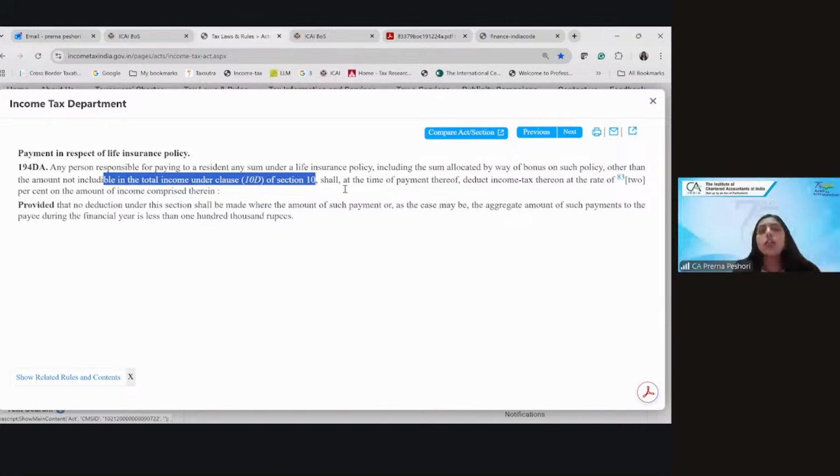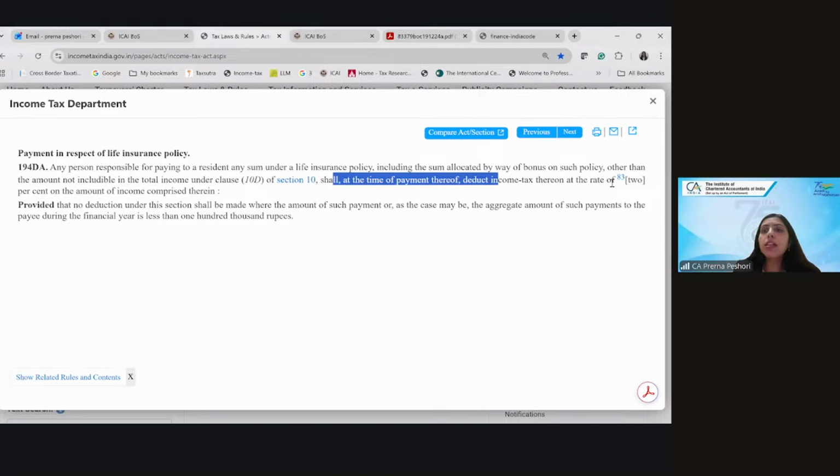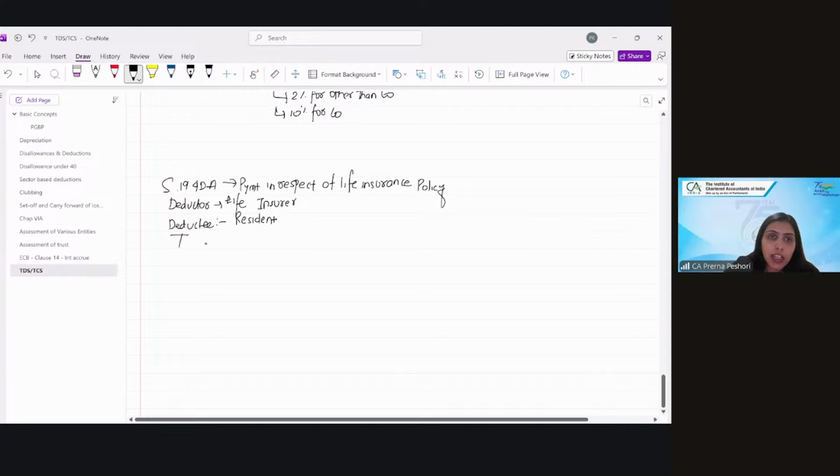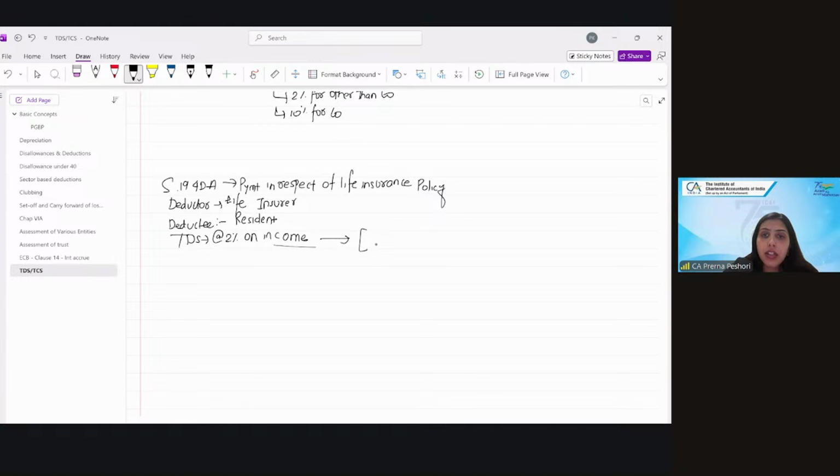Clear? So at the time of payment of the sum, deduct the income tax at the rate of 2% on the amount of income. So only when it is taxable, only then there will be TDS. So TDS at the rate of 2% on the income. Your income means what? Income here means the amount received minus the amount paid as insurance premium.